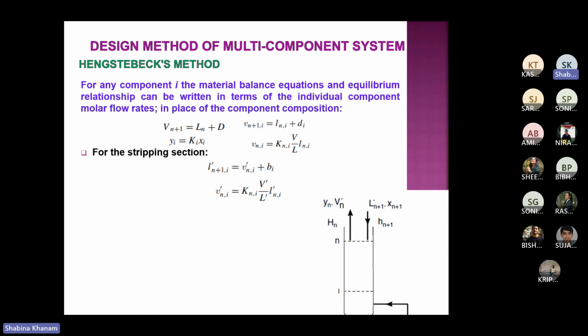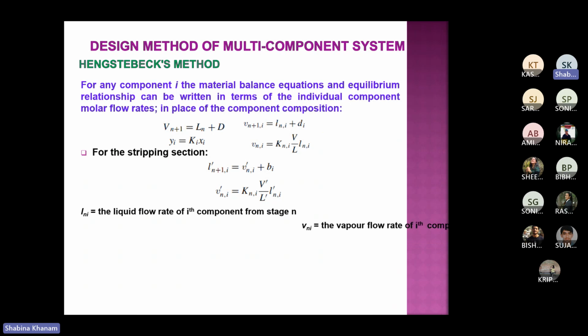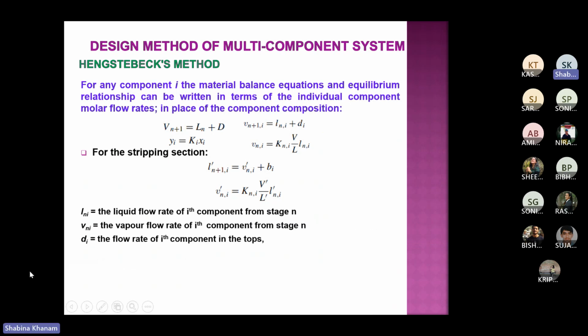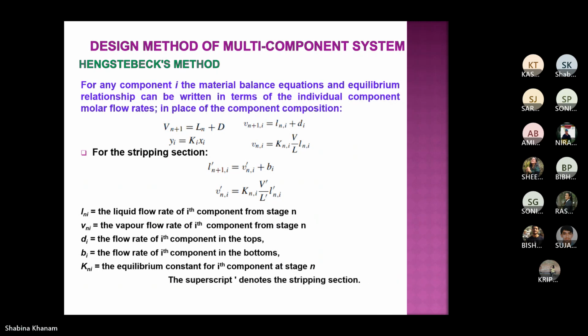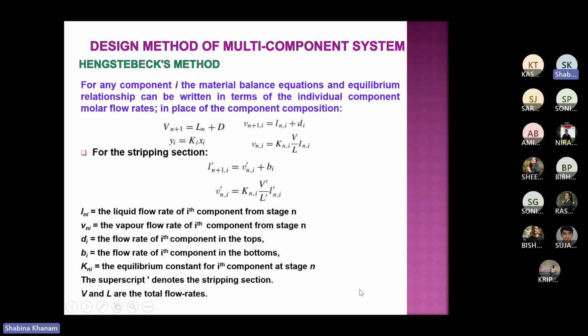These equations are for the rectifying section, and we have the nomenclature like lni is the liquid flow rate of ith component from stage n. Subscript prime we usually use to define the equation in the stripping section. That you know already. Capital V and L are total flow rates, that we have already discussed. So Henstebeck's method considers all components individually. That you need to keep in mind.